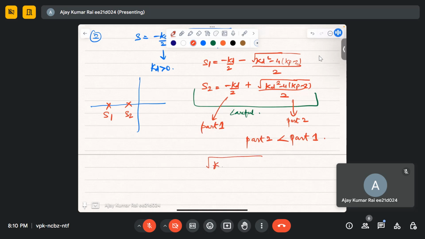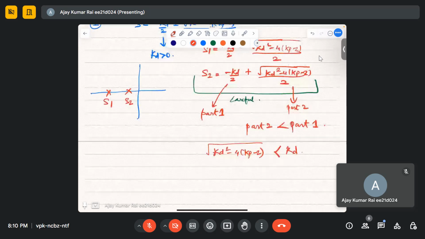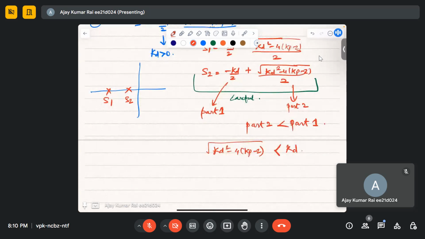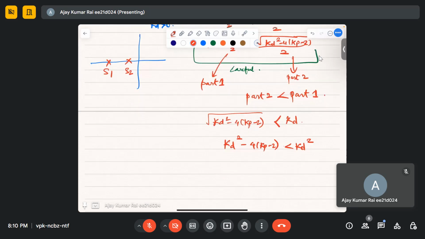So, KD square minus 4 (KP minus 2) and the KD value. I'm saying this is greater because the denominator is 2 only. Just squaring, what you will get is KD square minus 4 (KP minus 2) less than KD square.